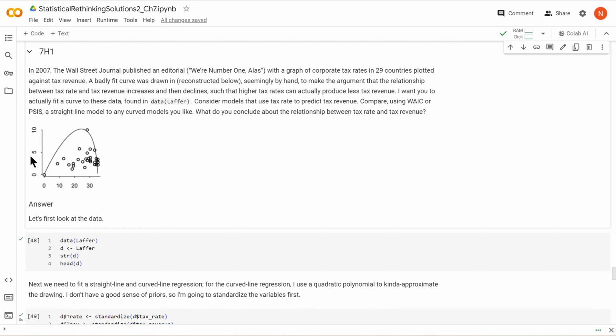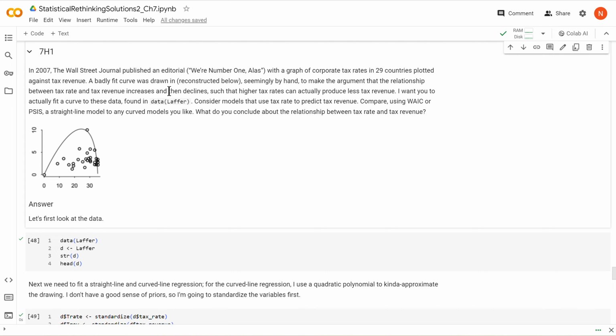And the argument being made here was that there's kind of a U-shaped curve to the relationship between tax rate and revenue. But you can see that this quote-unquote line of best fit really is not the best fit. It has just gone out of its way to hit this high point up here.